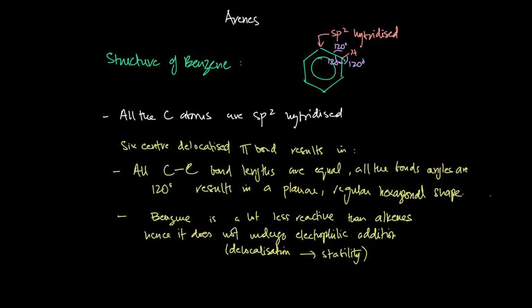Because of stability, when something is stable, it means that it doesn't react as easily. So this delocalized pi bond makes benzene a lot more stable.